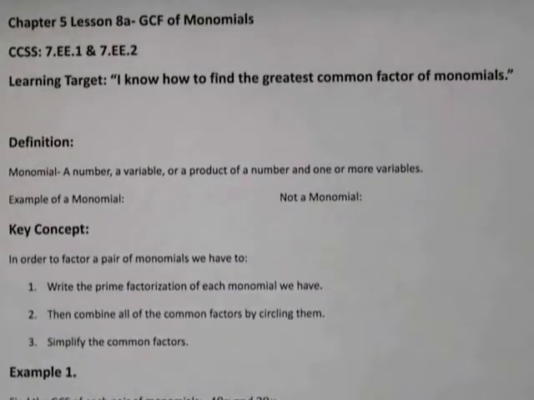First of all, I think it might be a little bit confusing for most of you. You don't really know what a monomial is. A monomial is a number, a variable, or a product of a number and one or more variables.